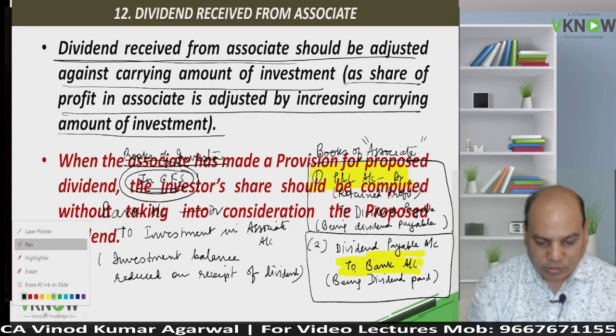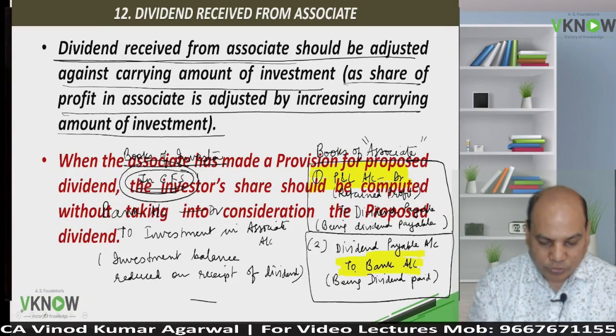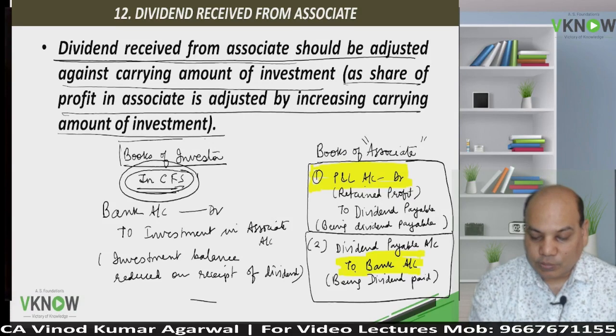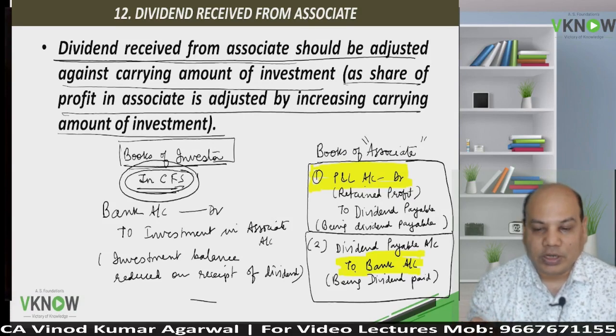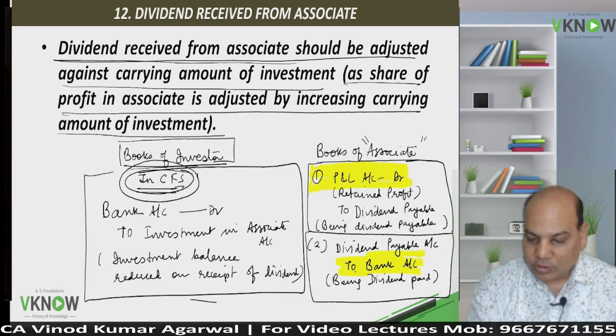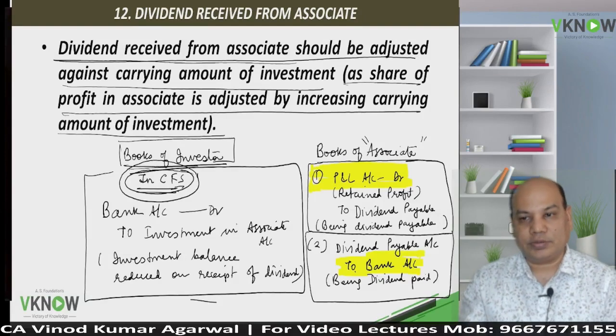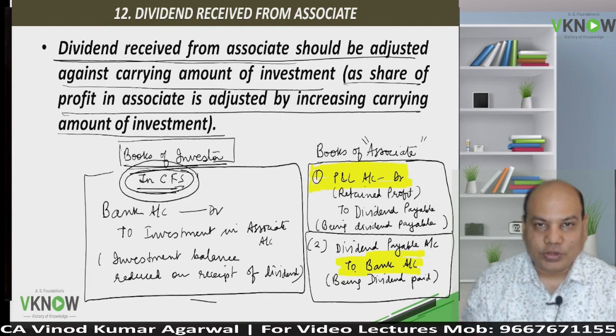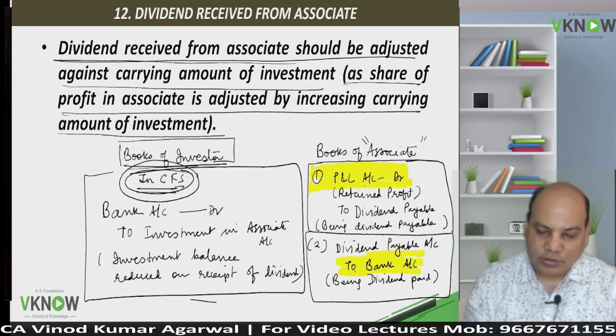So I hope you have noted down. What good student will do, they will note down entry in the books of investor in CFS, the treatment for dividend received. Share in profit is added. Whenever they pay dividend, net asset reduce the carrying amount of investment.